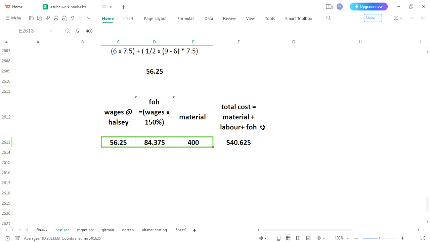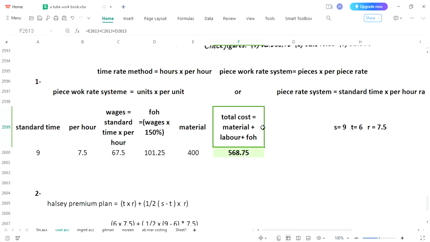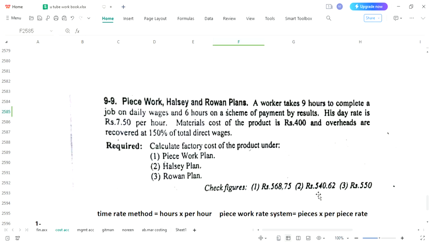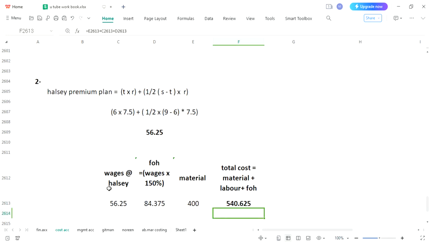These three helping calculations made us calculate our second answer, 540.625. So here you can see 540.62. Halsey premium was our requirement, and we have completed it. So let's mark this second answer as done. For the third part, we will see what the requirement is.